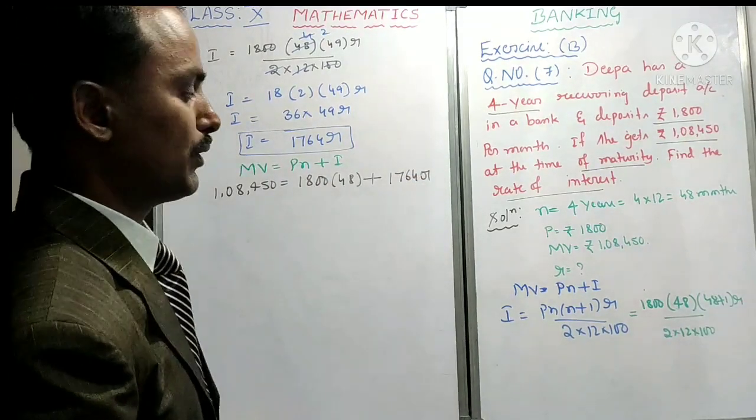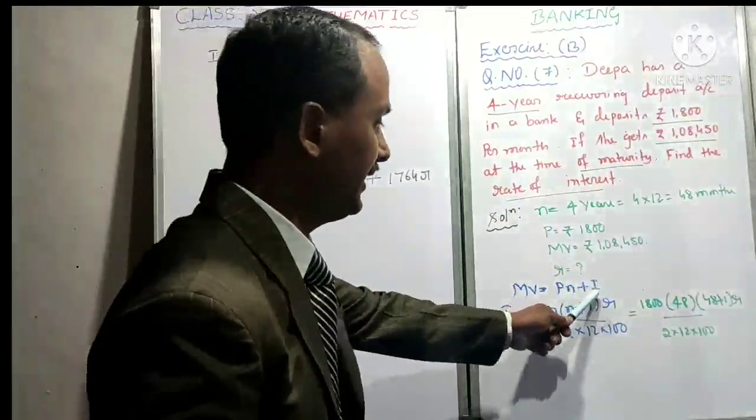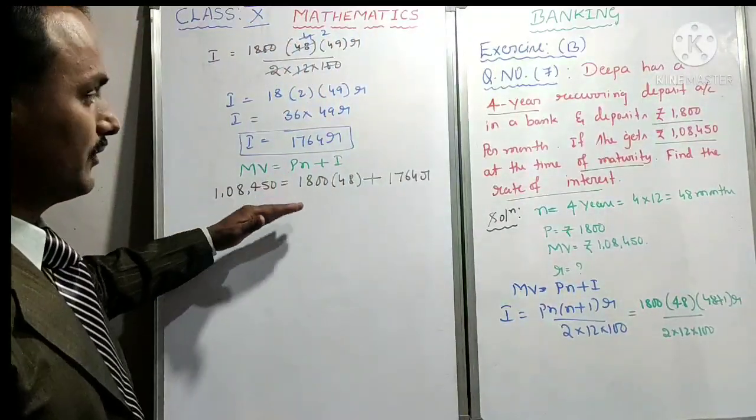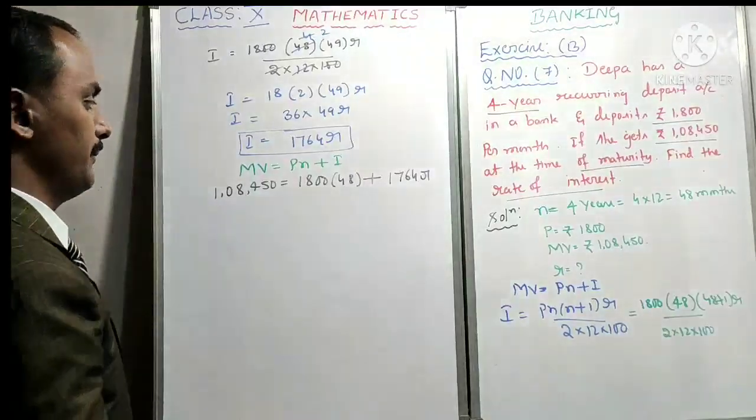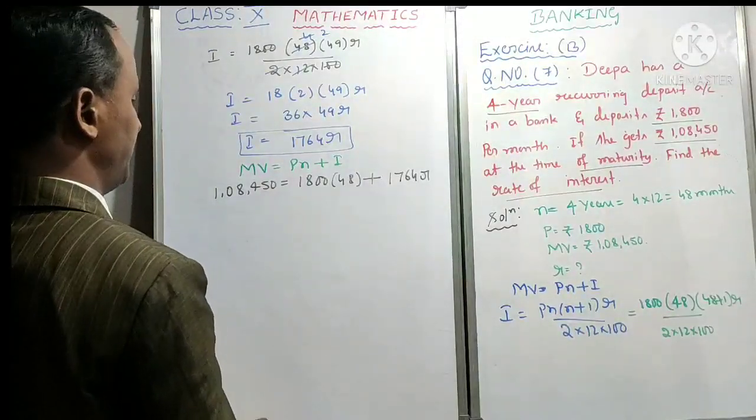See, for this type of problem I told you to first find the interest amount. Otherwise you can go through this method also. Two methods, no problem. Now what can I do here?